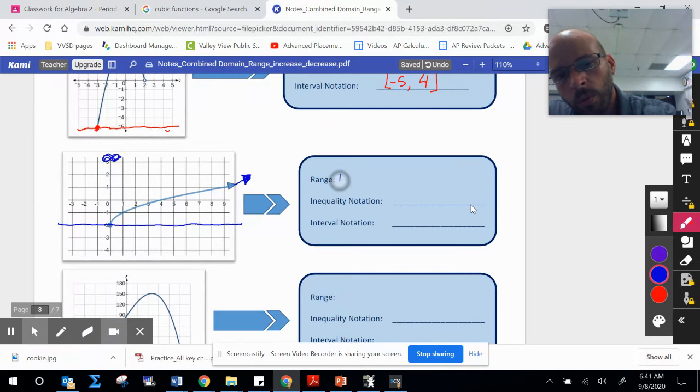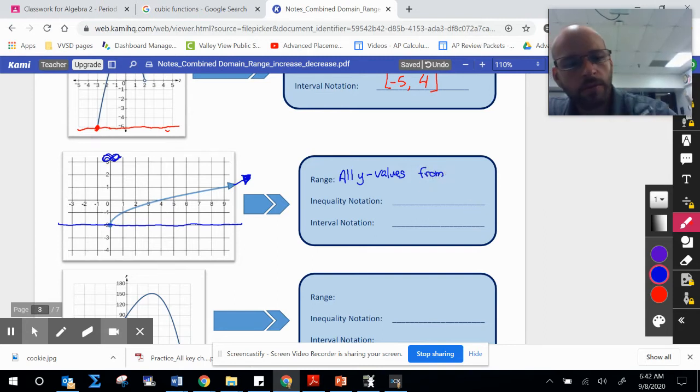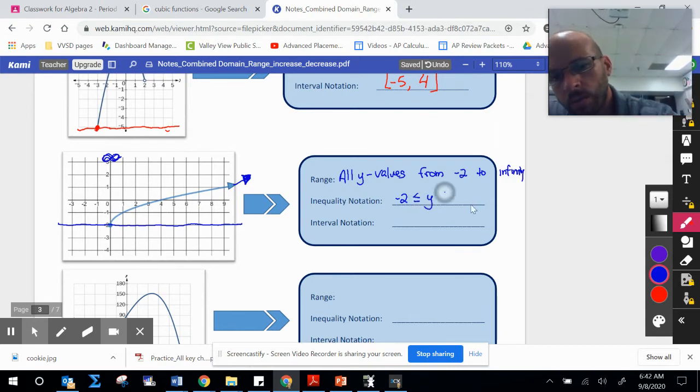So I'm going to say all the y values from -2 to infinity. Okay, so if I do inequality notation, you can say -2 is less than, now it is a closed circle, so equal to y, which is less than infinity.